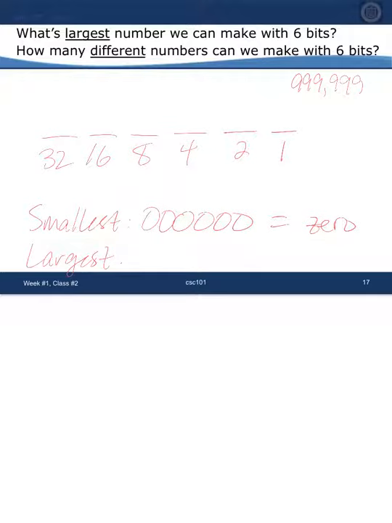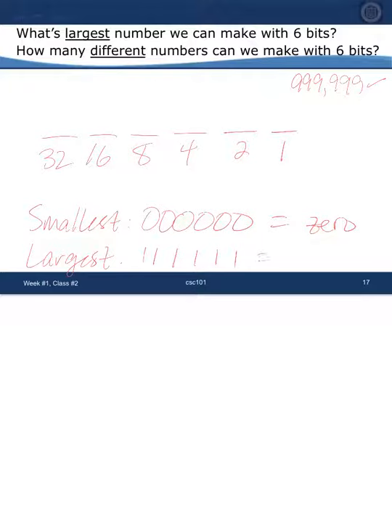So I want to use the same idea here. If I want to make the biggest number I could make in binary, I want to put the largest number I can in each spot. Well, remember, in binary, I have to use just zeros and ones. And so the largest number I could make is, I think, putting ones in each of the 6 spots, which again is the analog of doing this in our world.